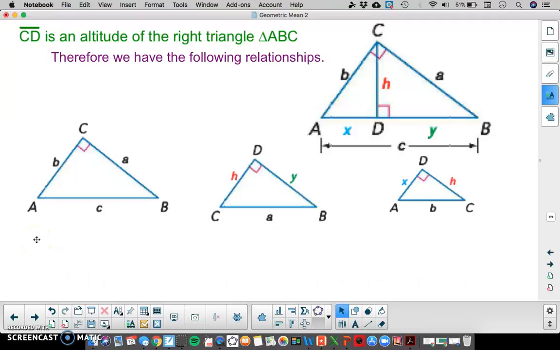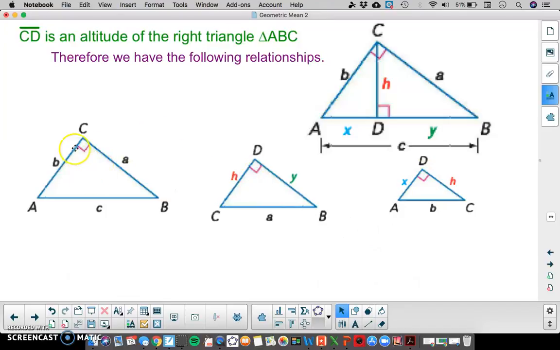Well, notice we can actually prove similarity in these triangles. Because we know they all share right angles, because this was an altitude, so it created right angles. And the triangle to start with was a right triangle. So we know they have those angles in common.